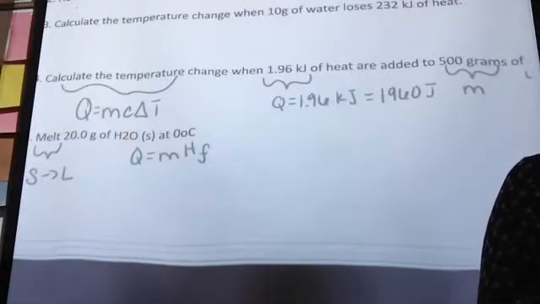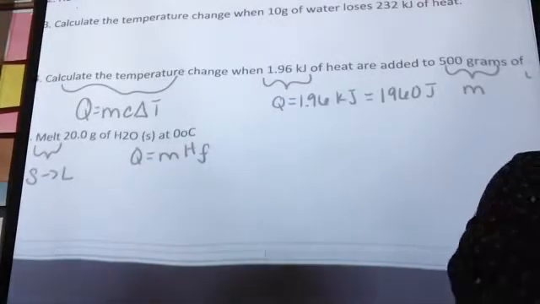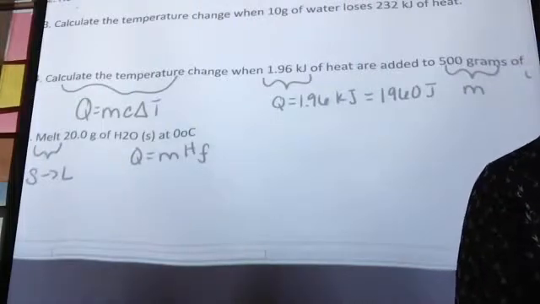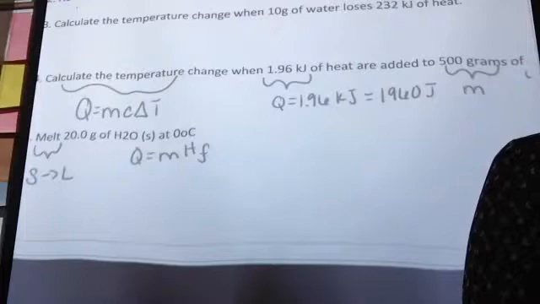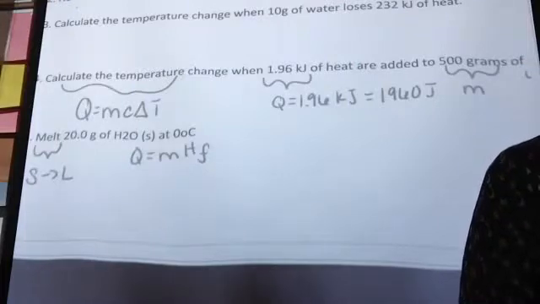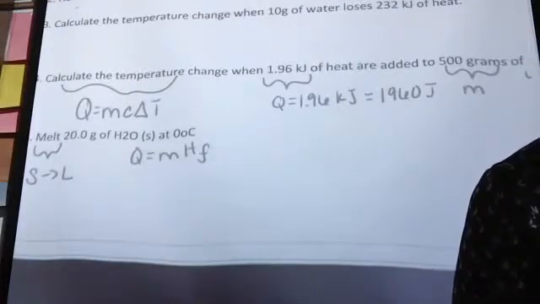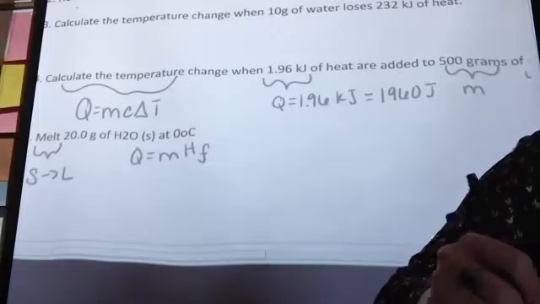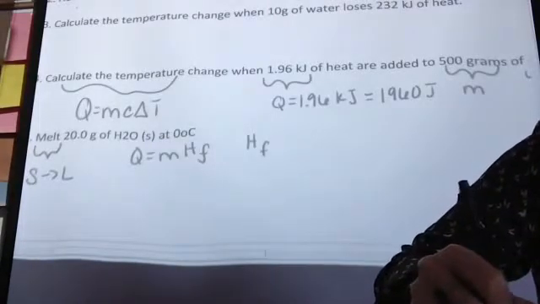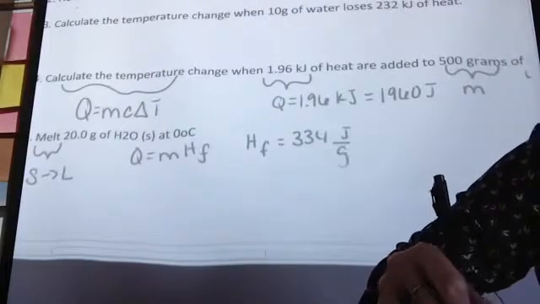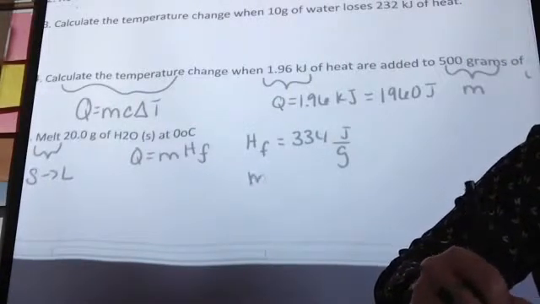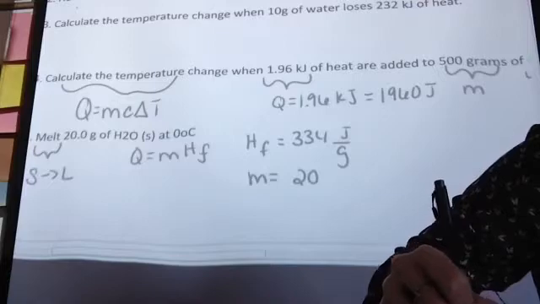You have to determine what phase change is occurring and then figure out which heat equation you need to use. The heat of fusion of water is listed on your reference tables on the front page, and that heat of fusion is 334 joules per gram. The mass in the problem is 20 grams.